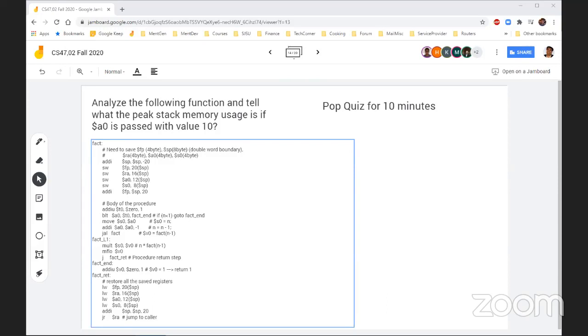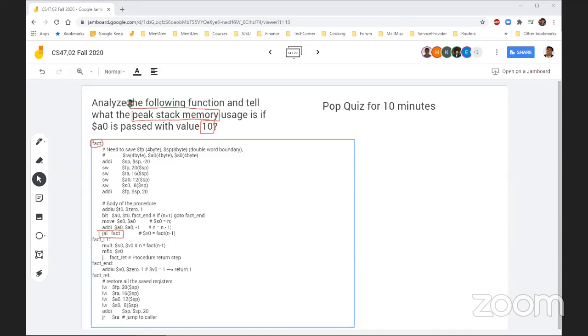JAL calling from your body, and the name is fact. So it is a recursive function, and let's say it has been called with a value 10 in the argument register A0. So you need to analyze this piece of code and tell me the peak stack memory usage, meaning what is my total memory usage.